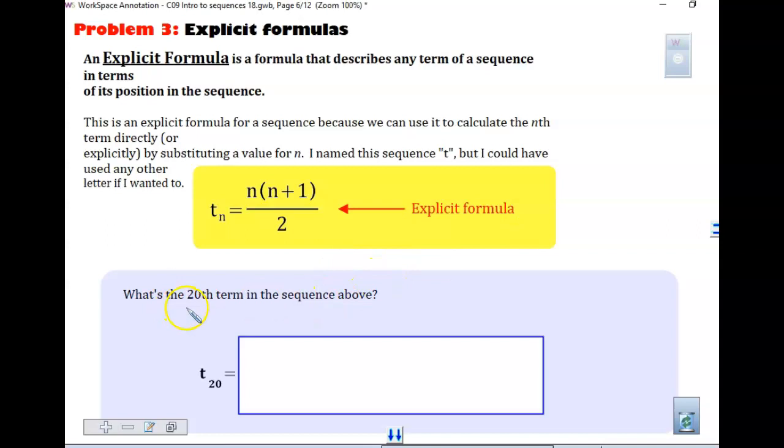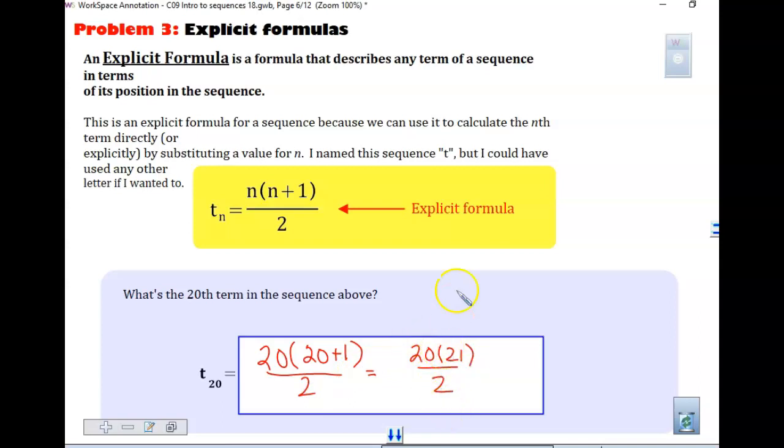So this one says, what is our 20th term? Again, we go up to the formula, and any place where n is, you're going to replace it with 20. So we would have 20 times 20 plus 1, divided by 2. So I have 20 times 21 divided by 2.